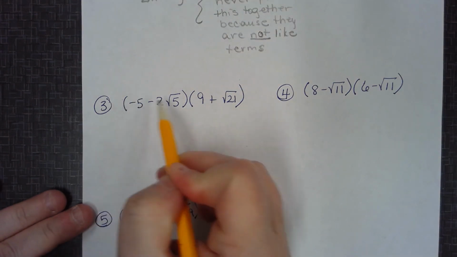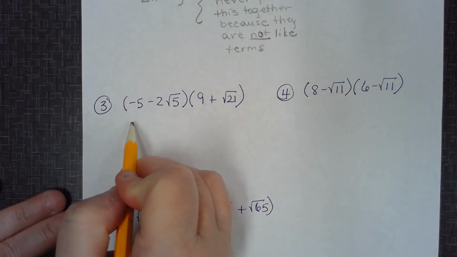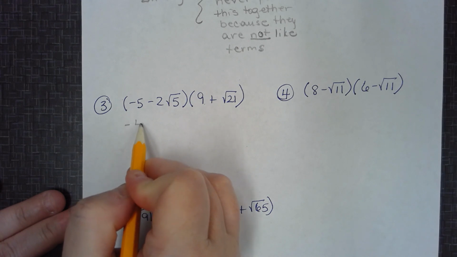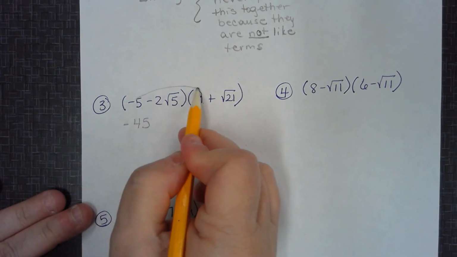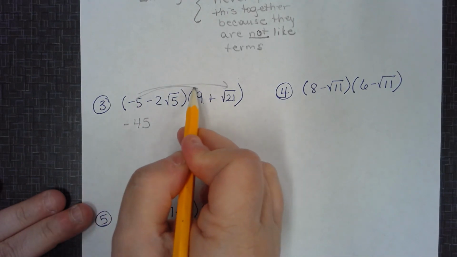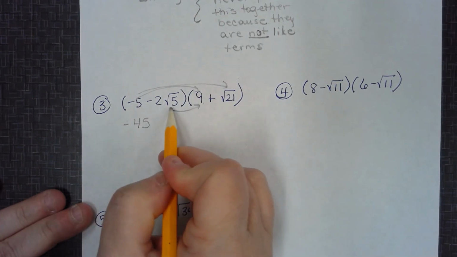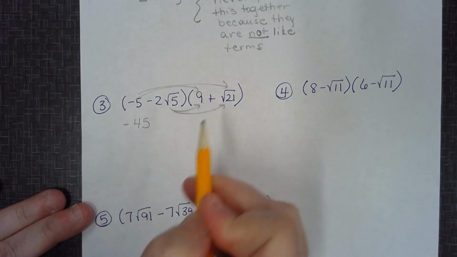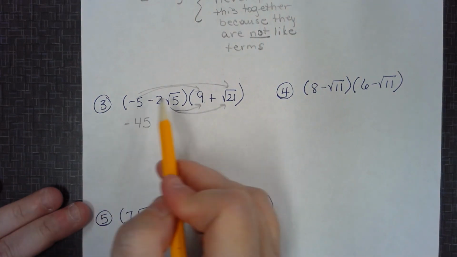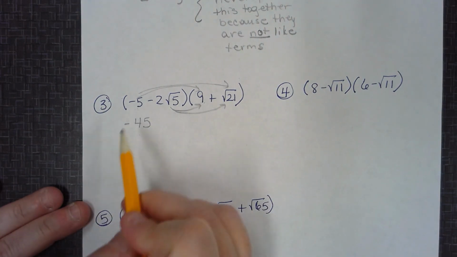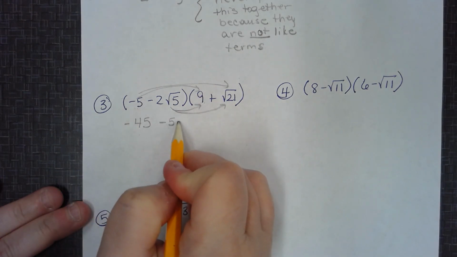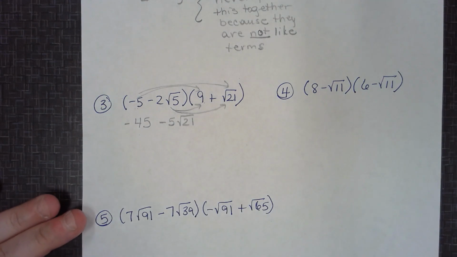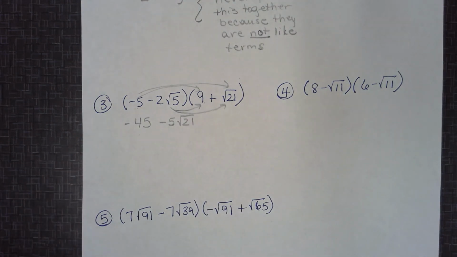Okay? The next 3 are going to be using the full method. So it's going to be first times first, which is a negative 45, because we can actually multiply those. And then you take the negative 2 radical 5 and you multiply it like this. Okay, so it's negative 5 times 9, which is negative 45. It's negative 5 times a radical 21, so you just put those beside each other. Those cannot even multiply together, which I kind of like because it doesn't give me a big number.